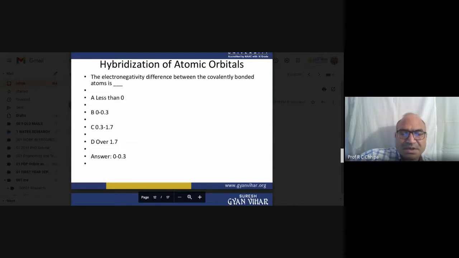For example, if we take the group of chalcogenides, that is the oxygen group, oxygen then sulfur, oxygen has the electronic configuration 1s2 2s2 2p4.